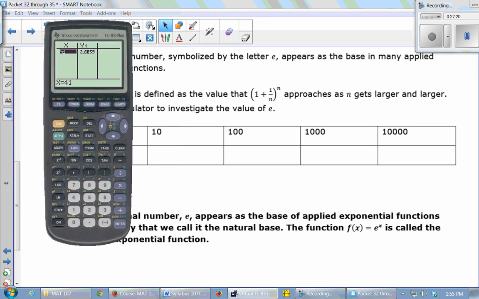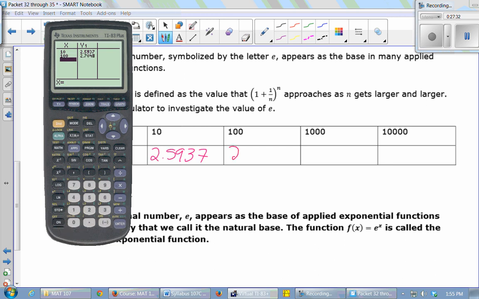All right, so when x is 10, y is 2.5937. And when x is 100, I get 2.7048. And 1,000, I get 2.7169. 10,000, 2.7181.